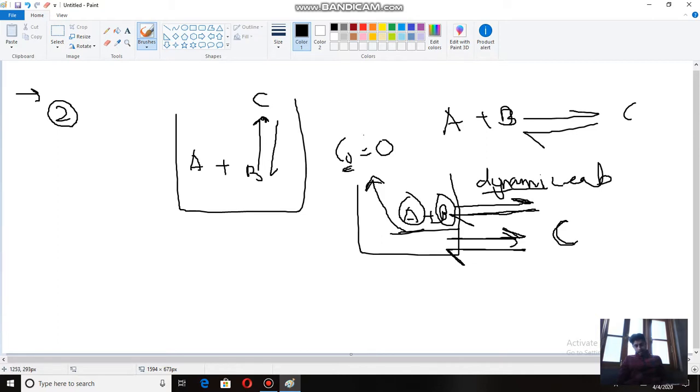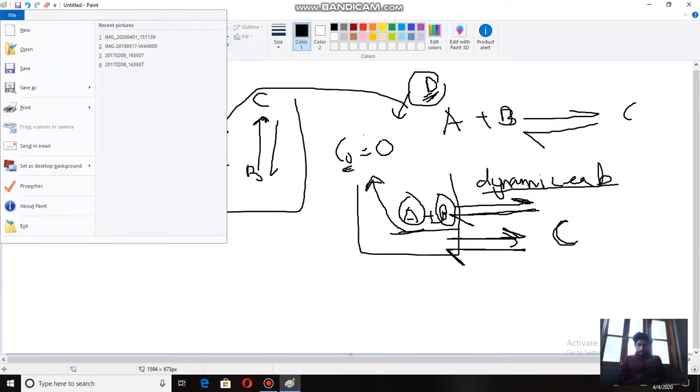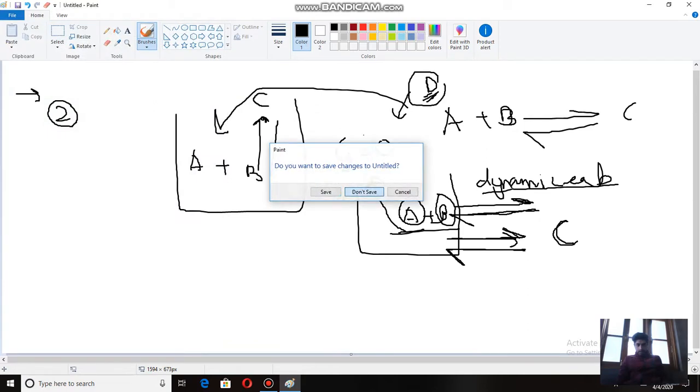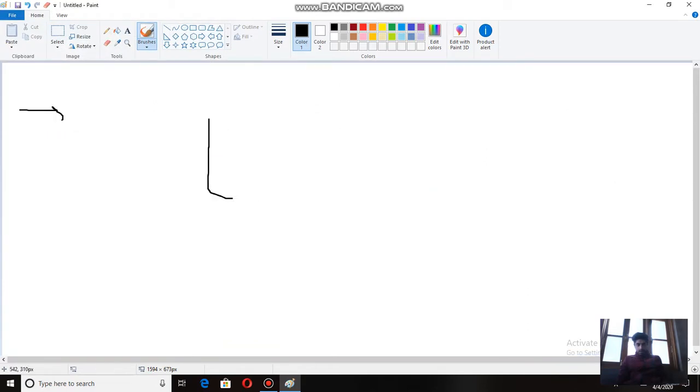Now adding catalyst in this reaction, what will be the role of this catalyst? When we add some catalyst D to this reaction, remember, A plus B gives C is a reversible reaction.